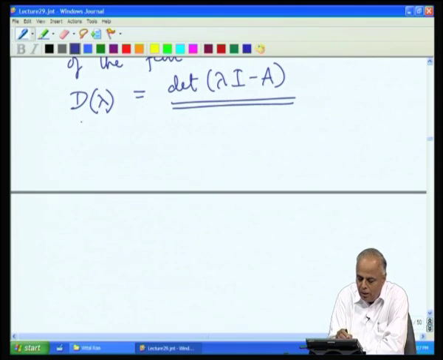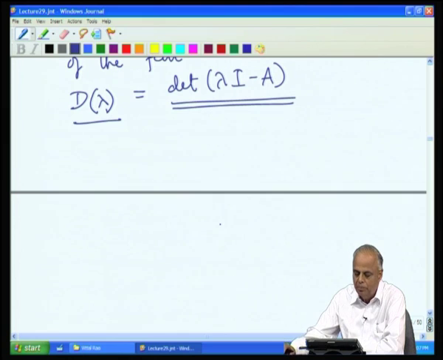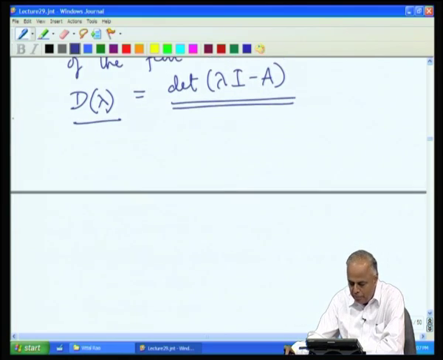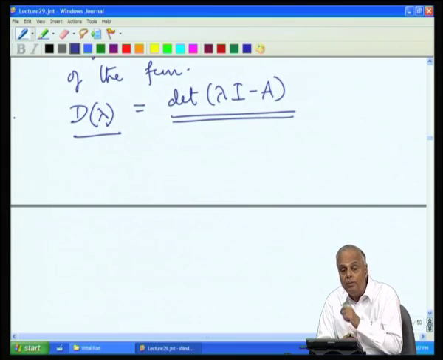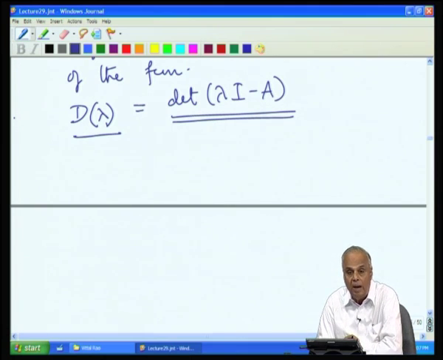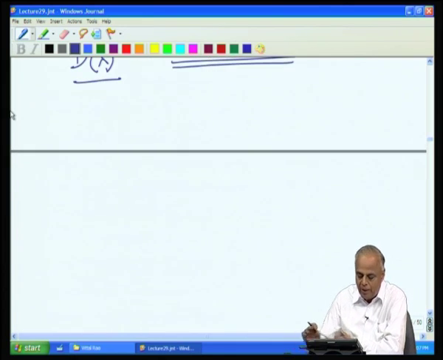So, every root of this function d lambda must be an eigenvalue of A. So, the search now depends on the zeros or the roots of this function d lambda. Now, we have some control of our search for the eigenvalues, and therefore, we must analyze this function d lambda in order to understand better about its zeros, because the zeros are going to be our eigenvalues.